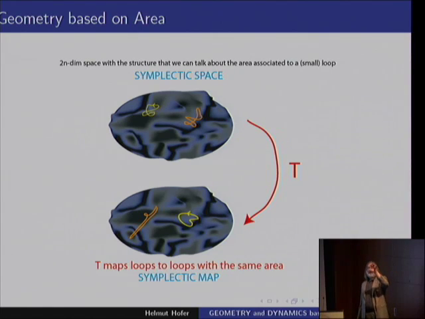So before we had this three-dimensional space and the notion of distance between any 2 points, we looked at machines which preserve this. These are the rigid motions. Now we take this abstract space where we require that we can talk about the area associated to a small loop, and I gave you this standard example before, but you can define it on more general spaces. And then the transformations you're interested in are those which map loops of states to loops of states with the same area.